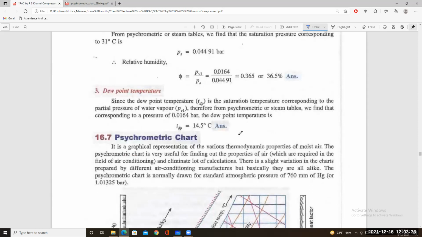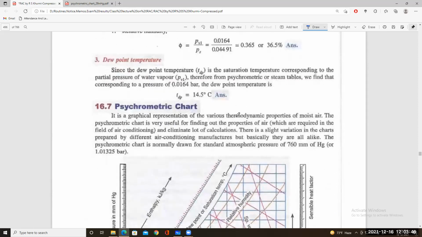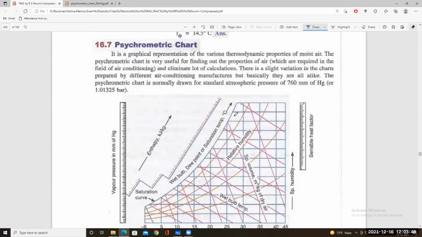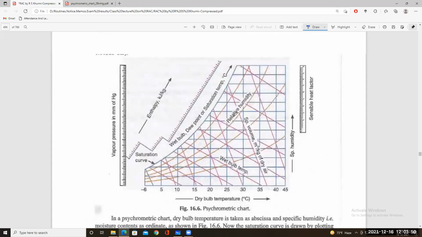Now let us go through the psychrometric chart. What is a psychrometric chart? It is a graphical representation of the various thermodynamic properties of moist air. The psychrometric chart is very useful. What are the different thermodynamic properties shown here?